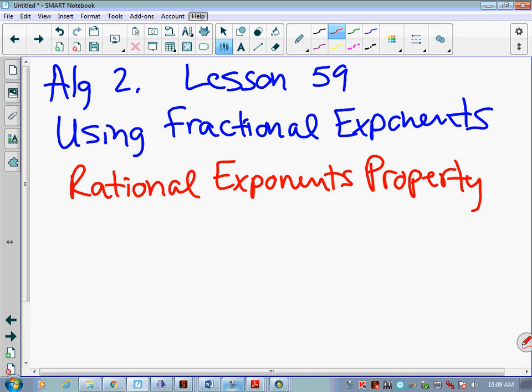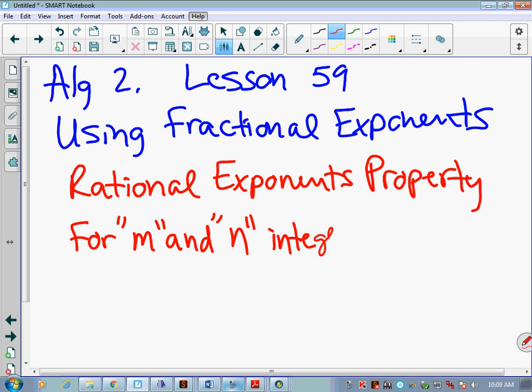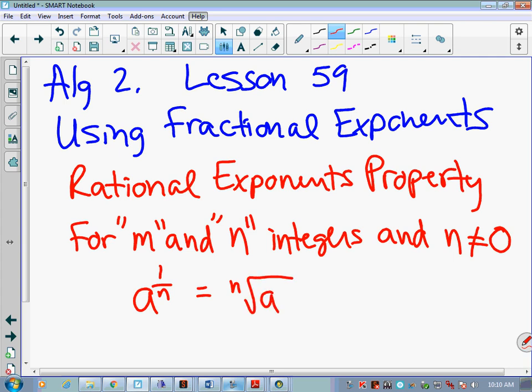It says for m and n integers, and again, n cannot be equal to 0, that if I have a to the power of 1 over n, a number with an exponent that is a fraction, this is going to be equal to the nth root of a to the first.